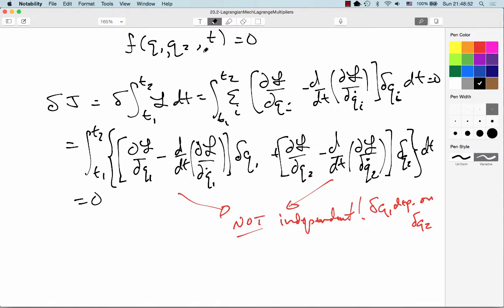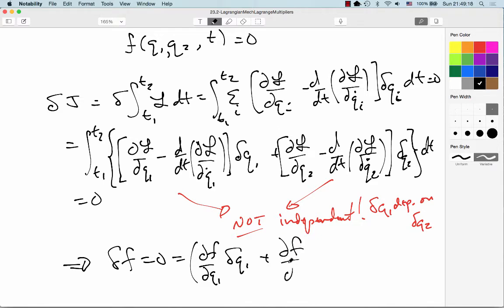At any given time t, whatever time we pick, our function f is fixed. So that means we can demand that the variation in f be 0. That would mean partial f partial q1 times the variation in q1, plus partial f partial q2 times the variation in q2, has got to be 0.